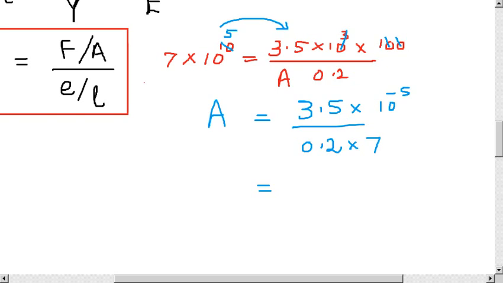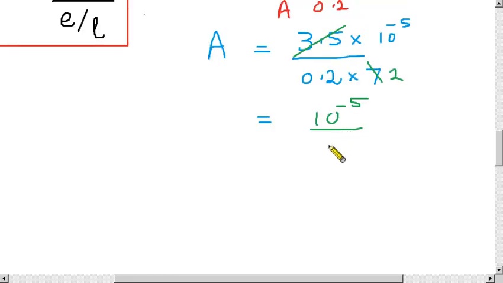So now 3.5 times how many to get 7? 2. Then 10 power minus 5 divided by 2 times 0.2 is 0.4. So we can write it as 4 times 10 power minus 1.